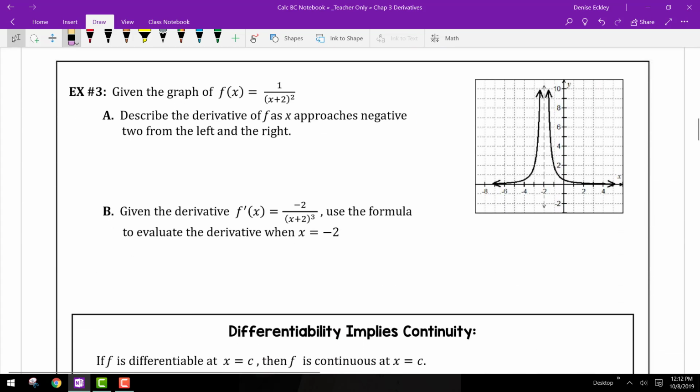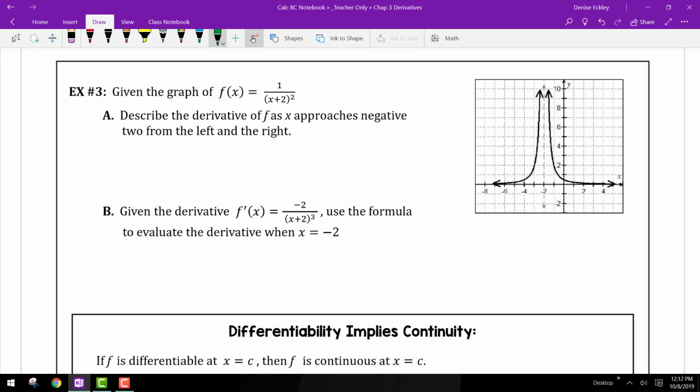Okay, so next example. Now we have the graph of f of x equals 1 over (x plus 2) squared. So it looks like that picture there. We're supposed to describe the derivative of f as x approaches -2 from the left and from the right. We don't have to be super formal because we're just describing.